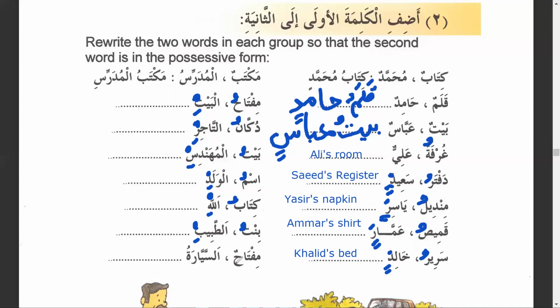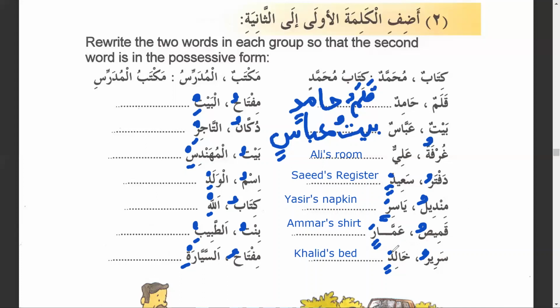Then Miftahu Asayyarati. So in this column the mudaf is the same, one dhamma each. But on this side we have the kasratain for jar status: Ammarin, Khalidin, Yasirin, Saeedin, Aliyin, because these are all male names, right?